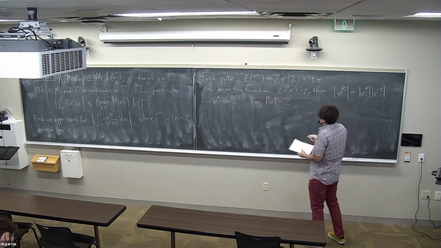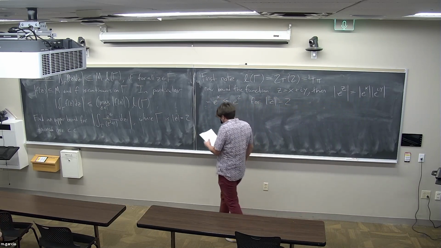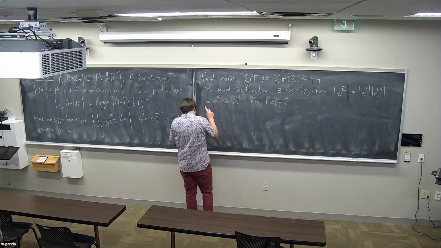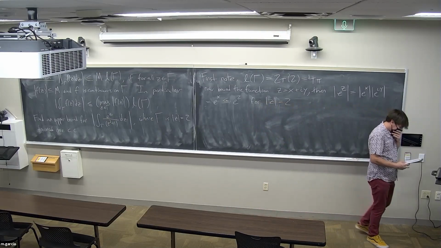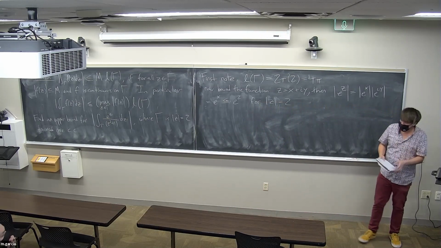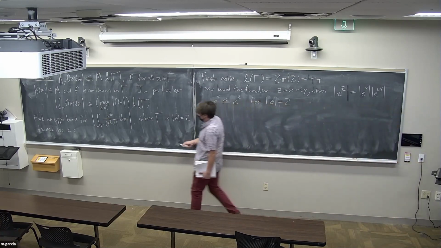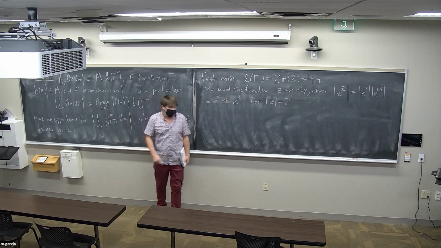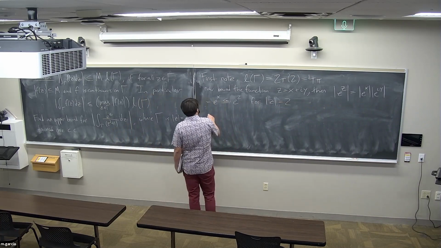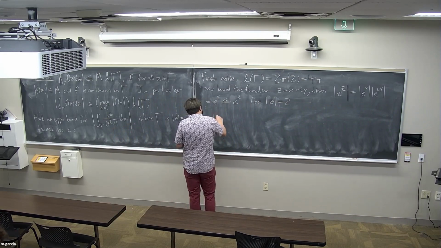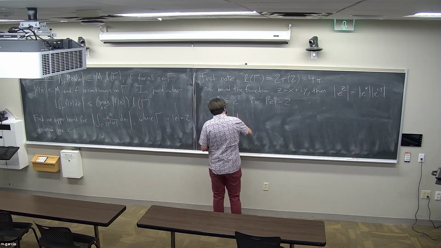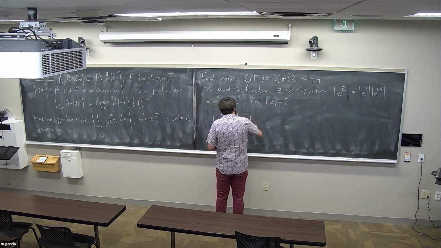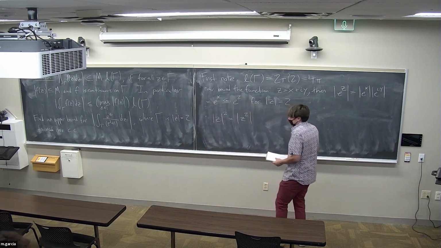Okay. Now, let us be a little tricky here. I'm going to derive a bound for the denominator in the following way, using the triangle inequality. Okay, so first, note that the modulus of z squared, of course, is equal to the modulus of z squared, right?